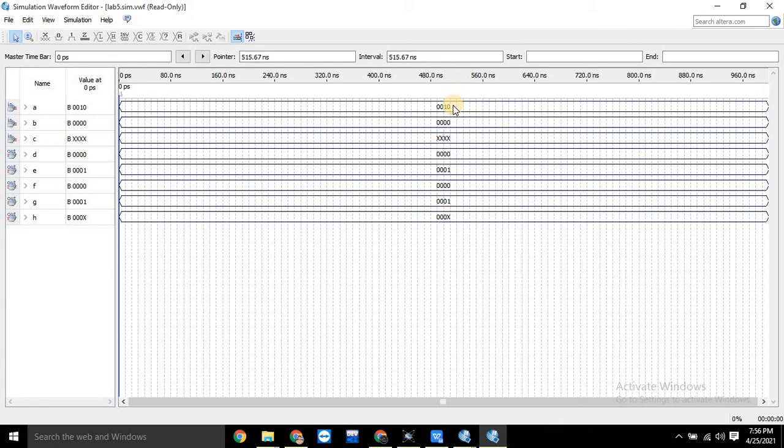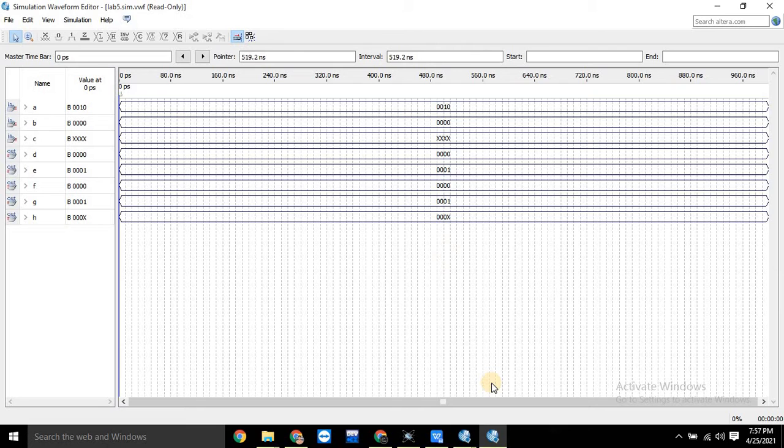Here we can see A is present and B is not, so it evaluated itself to 0. Now coming to the next part, it was supposed to see if any of these signals was present. Yes, this one bit was 1, so it evaluated itself to 1. We can see right here.